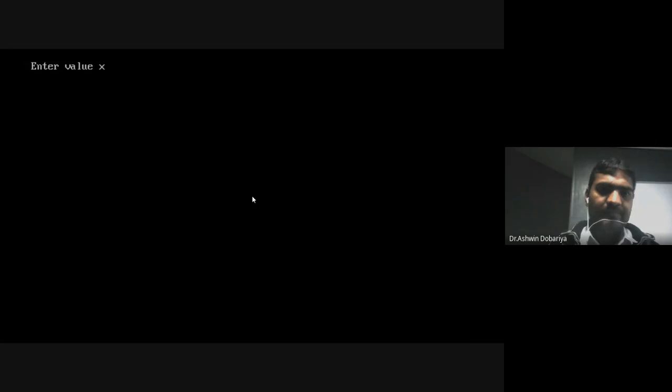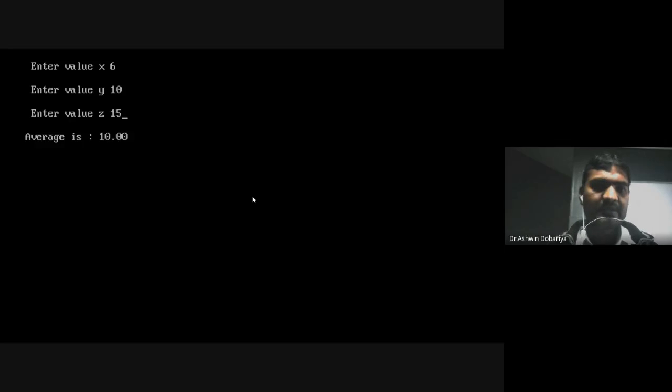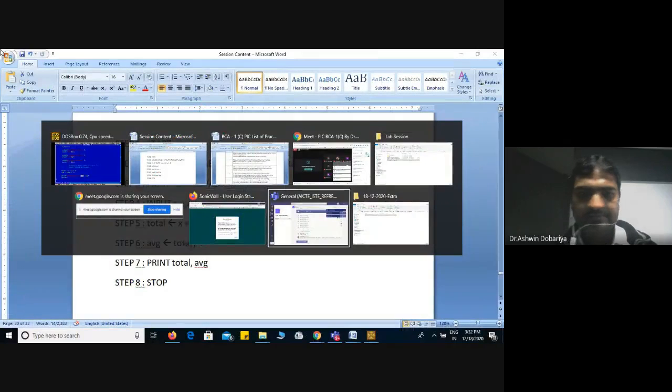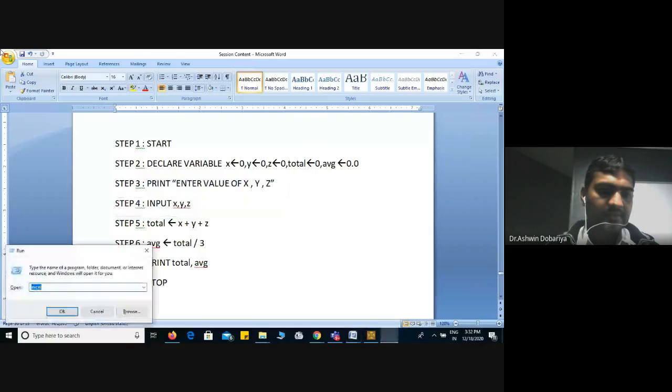Now suppose instead of 5, if I mention 6, then 10, then 15. This is a correct answer. Let me check. 6, 10, and 15. See, what is the output of this? Let me check with Excel, right? Then we can understand. Excel, I think I have not opened.